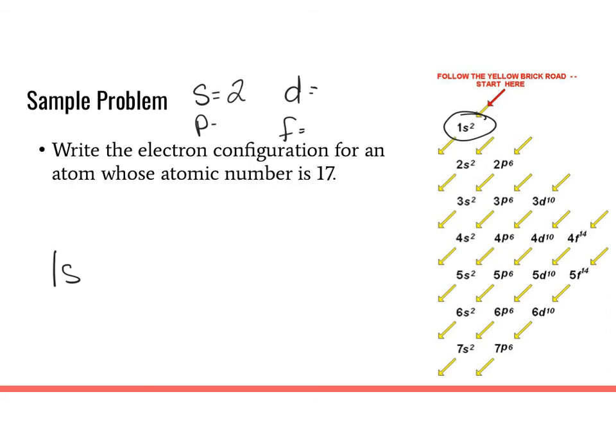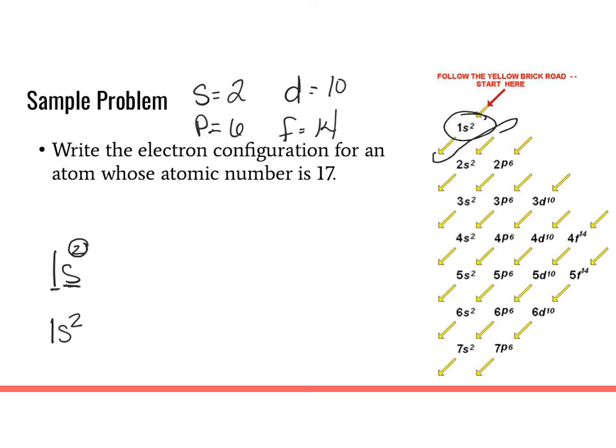S can fit 2, P can fit 6, D can fit 10, and F can fit 14. So I have an S orbital, and I can fit up to 2 in there. So I'm going to go exponent 2. That's meaning in the first quantum level, I have an s orbital which can fit 2 electrons, and I'm going to fit both of them in here. Okay, so I have my 1s2.